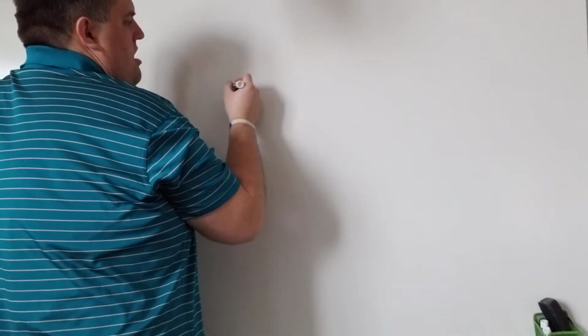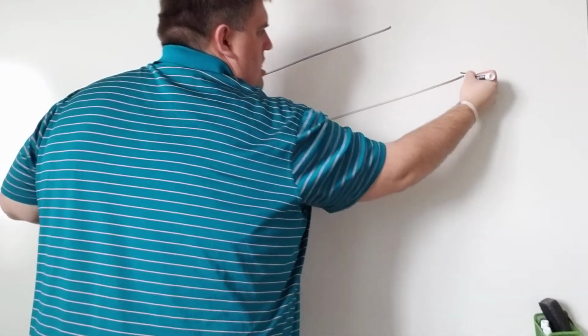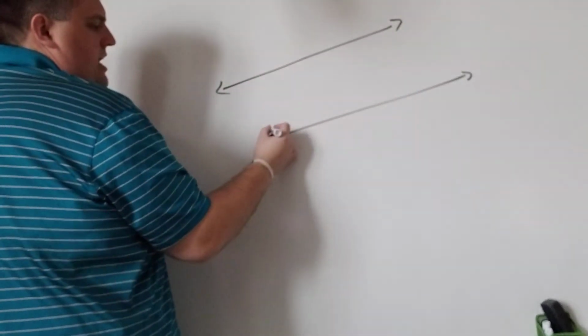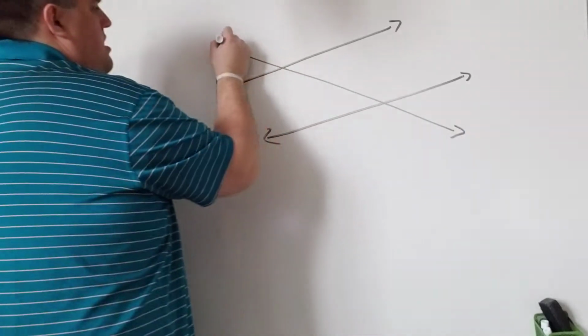Not with this marker, we're not. Parallel lines that have a line that intersects them. Okay?